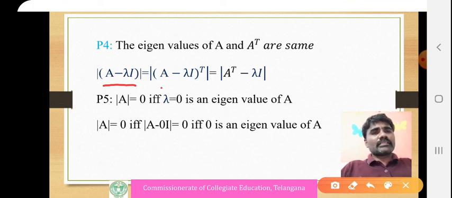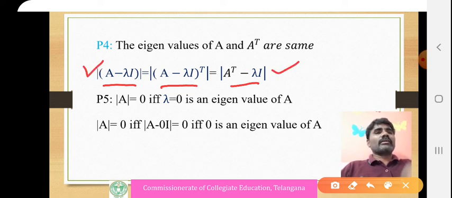That's why we can consider determinant of this is equal to determinant of (A minus lambda I) transpose, since determinant of A equals determinant of A transpose. Now (A minus lambda I) whole transpose is nothing but A transpose minus lambda I. This is the characteristic polynomial of A transpose. This is the characteristic polynomial of A. That's why the characteristic polynomial of A equals the characteristic polynomial of A transpose. That's why the eigenvalues of both are the same. This is the proof that the eigenvalues of A and A transpose are the same.